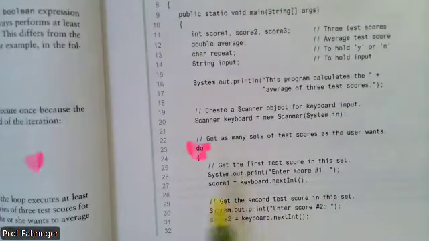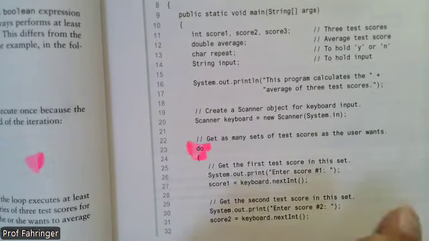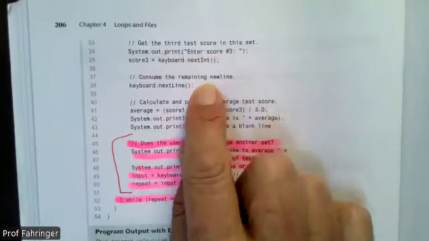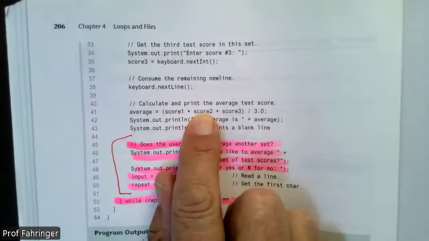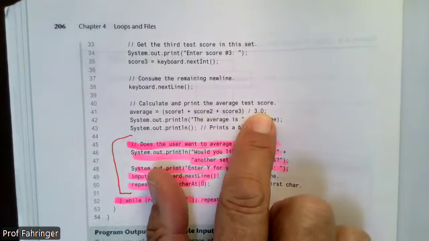Do. Enter score 1. Enter score 2. Enter score 3. I find the average. Do you notice that this is divided by 3.0?